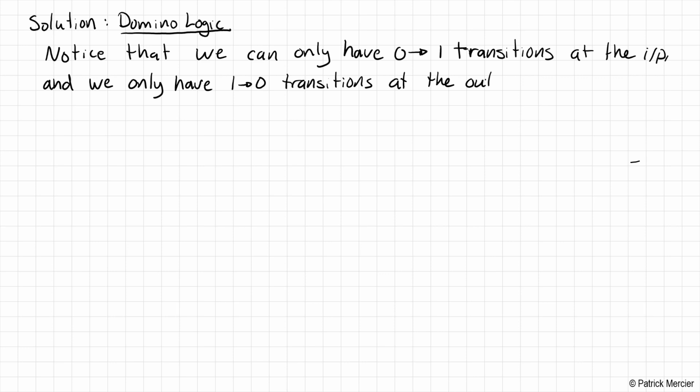Recalling that at the output of a dynamic logic gate, the value either stays high, it stays pre-charged, or it falls to 0. It never goes from 0 to 1 at the output.